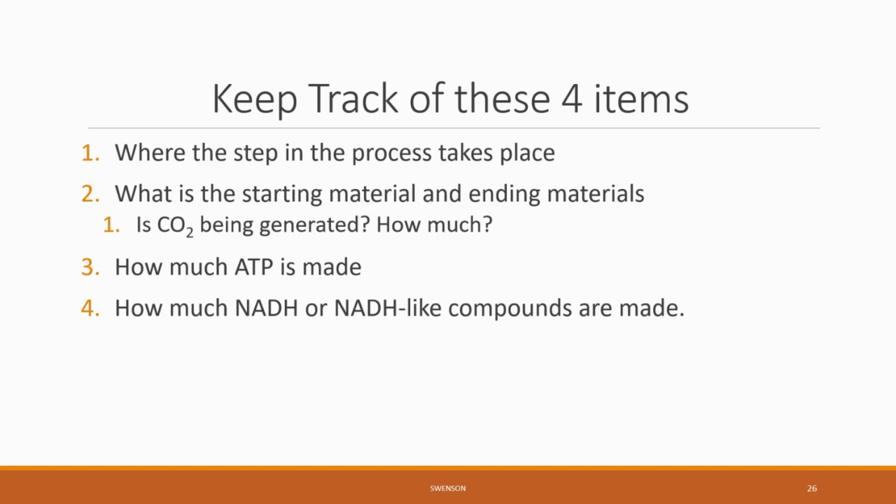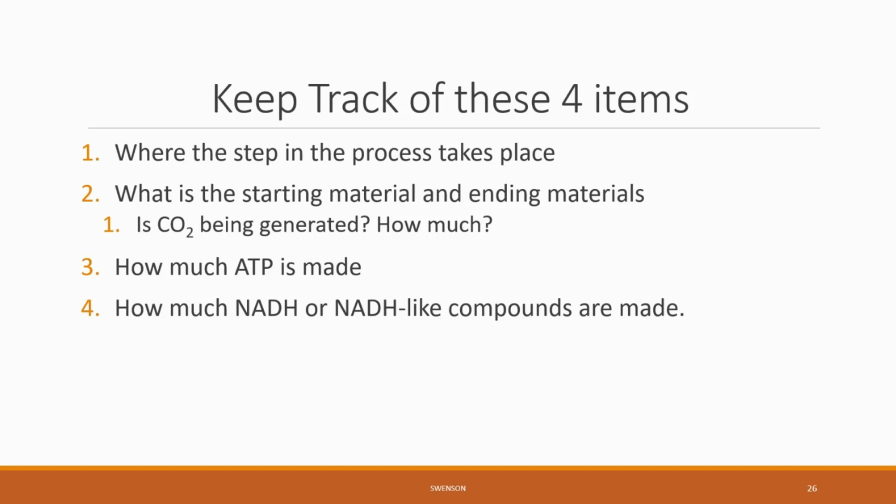But what I really want you to focus on are these 4 items. Every step you need to understand where the step in the process takes place in the cell, what is the starting material, and what are the ending materials? Additionally, is CO2 being generated, and if so, how much?